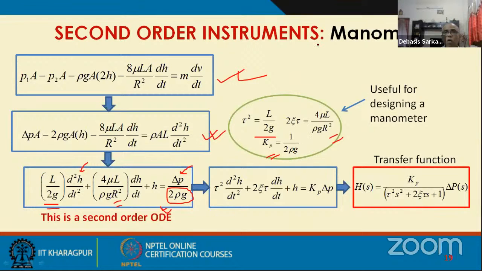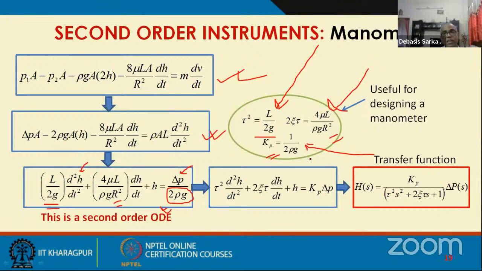Note that they are all expressed in terms of parameters of the manometer, like the length of the mercury column, the density of the mercury, the viscosity. So all the parameters of the U-tube manometer, tau, zeta, K, are all expressed in terms of parameters of the manometer.